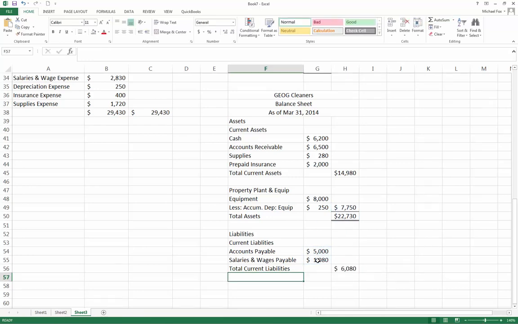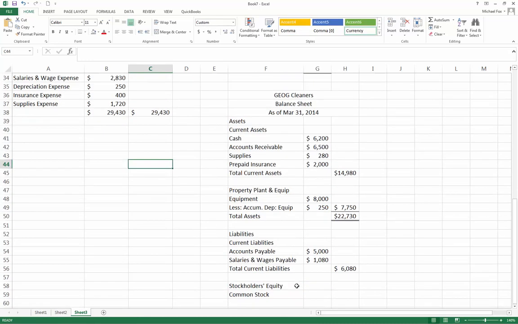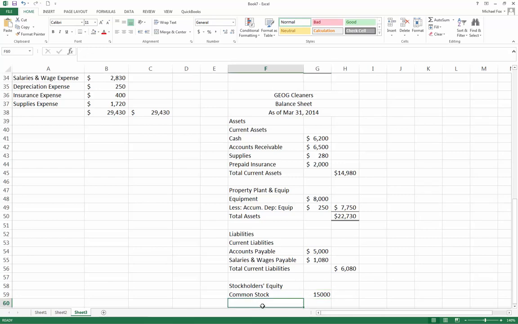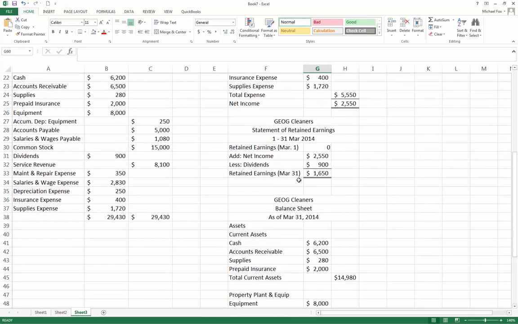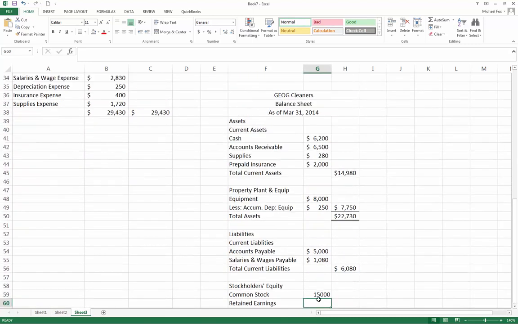And we'll do our stockholders' equity. And there we'll have common stock, which had a balance of $15,000. And retained earnings, which we had a balance from our statement of retained earnings of $1,650.